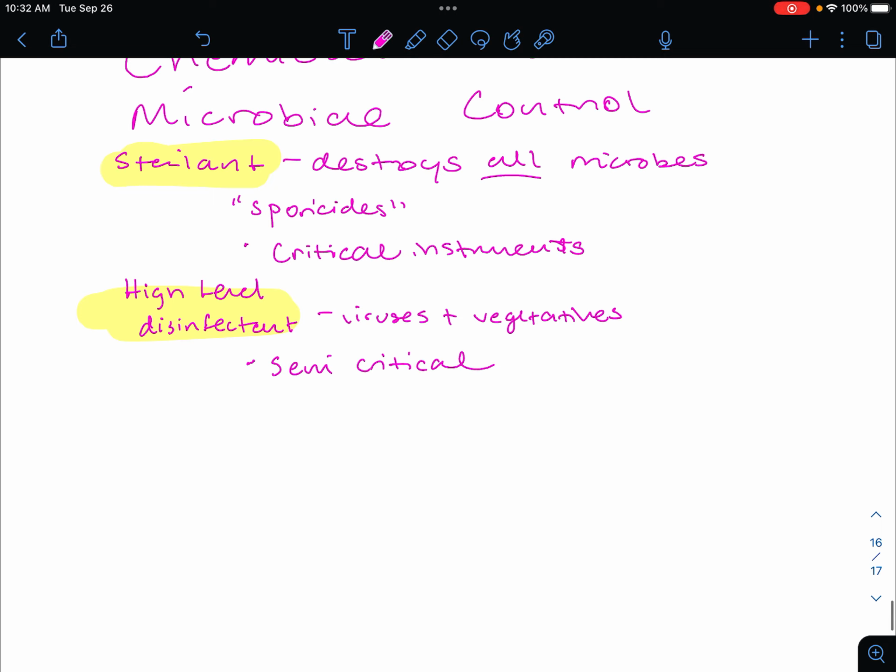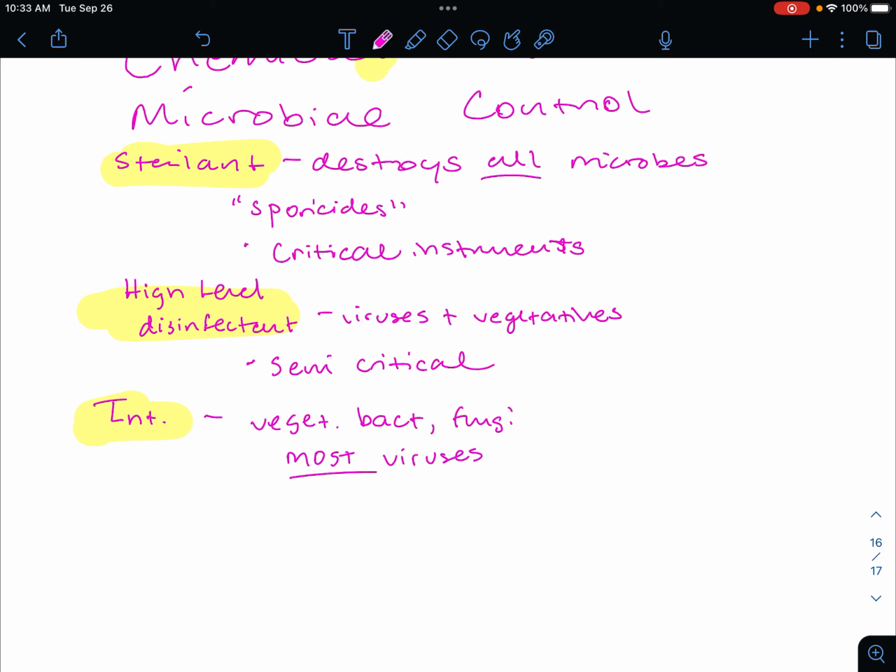Alright, now we have low level and intermediate. So actually, let's go in order. Let's do intermediate next. Another type of disinfectant, and these will destroy vegetative bacteria, fungi, and most viruses.